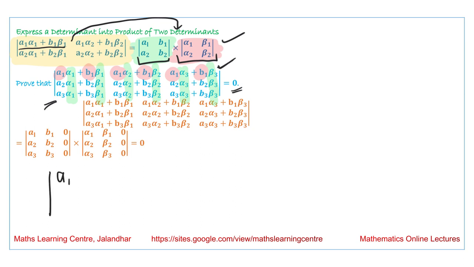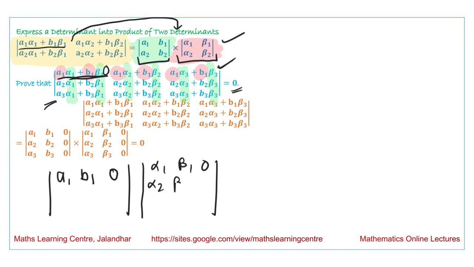One is A1 multiplied, then the next element is B1. There is no third term here, so we write 0. We have multiplied this first with alpha 1, beta 1, 0. Next, we have multiplied it with alpha 2, beta 2, 0. And next with alpha 3, beta 3, 0.